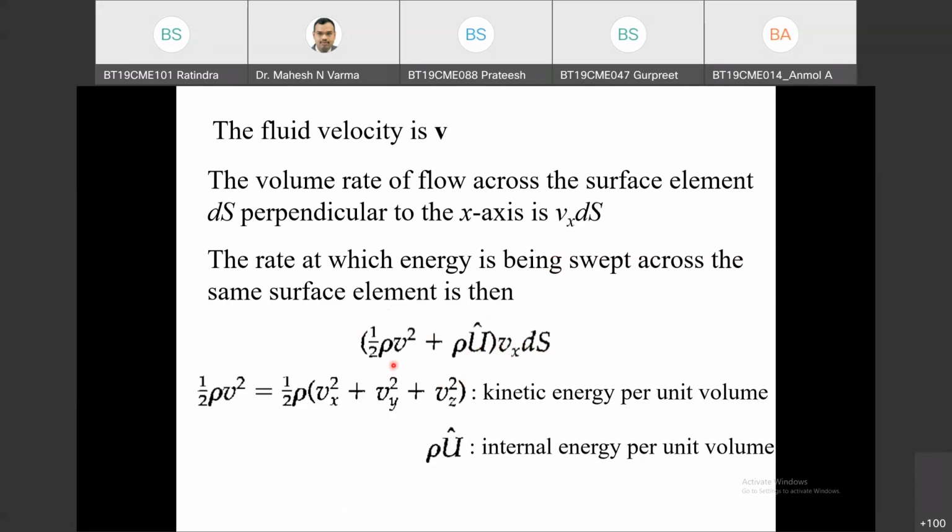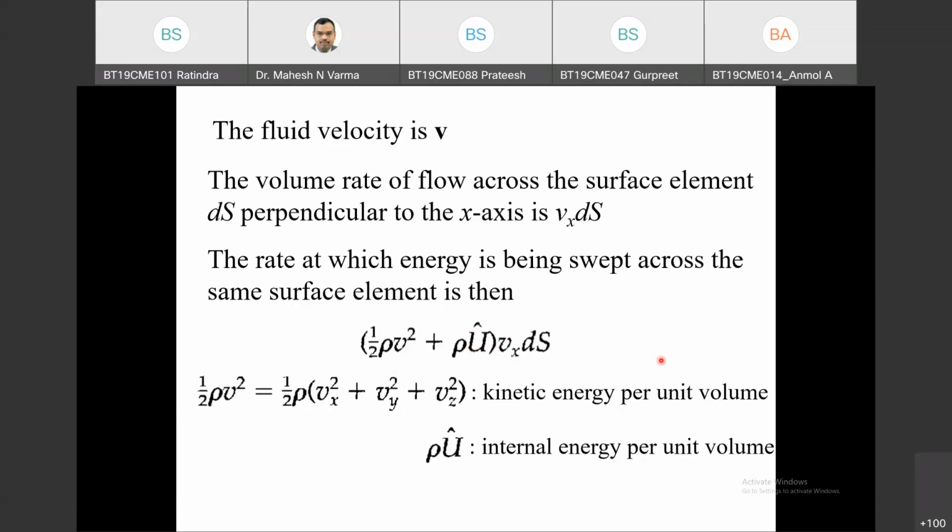If you go into thermodynamics details, previously we discussed this total energy in terms of specific heat at constant pressure, rho into Cp into T. If you go into detail, this internal energy is associated with Cp.